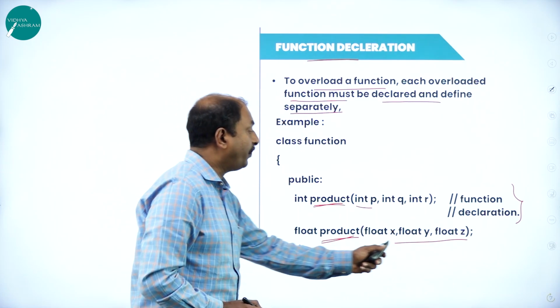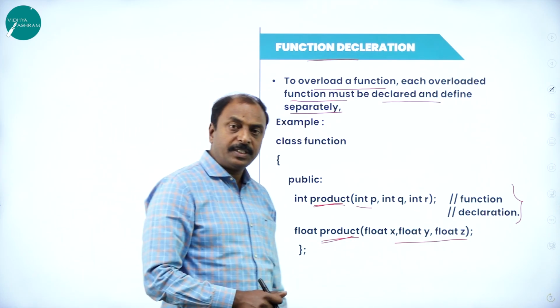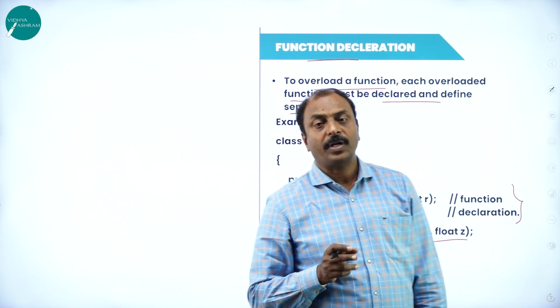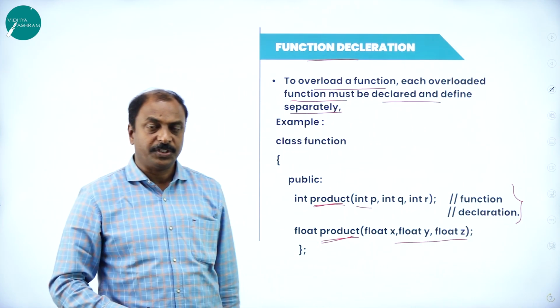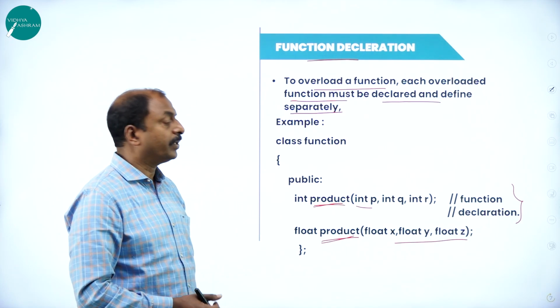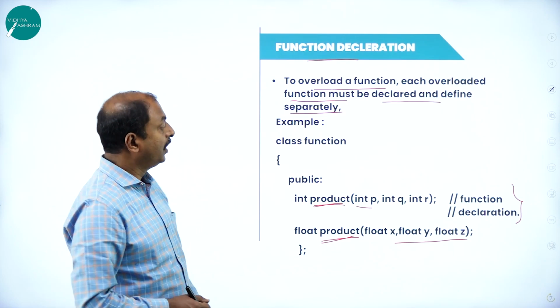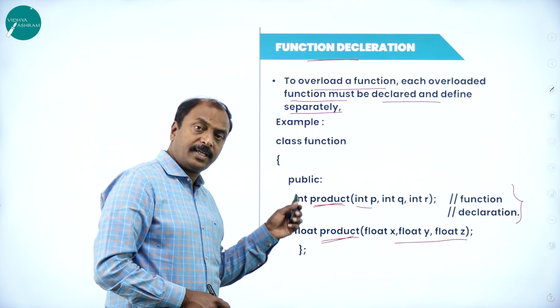So this is also a function declaration. Now we know that for a function declaration, we have to write the function definition, and it can be either inside the class definition, or we can write the function definition outside the class. That is what you have seen in our previous session. So this is the declaration of overloaded functions inside the class.